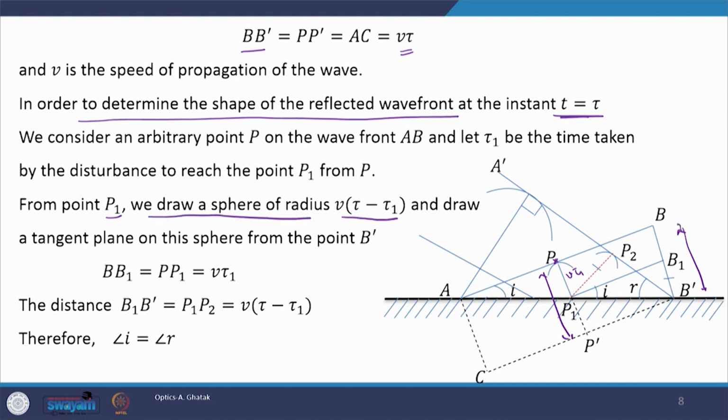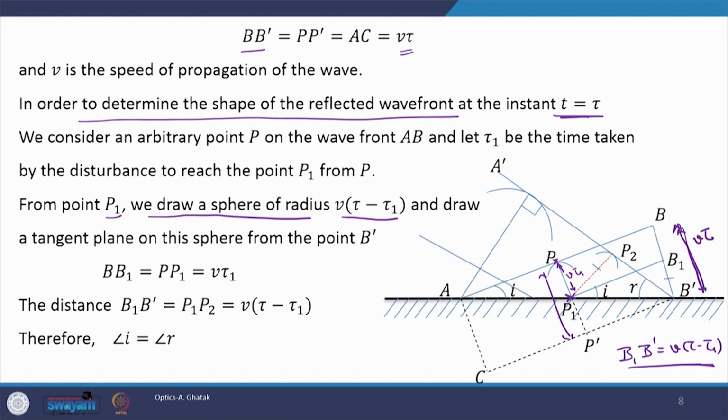This whole distance BB prime is V into tau, and this shorter distance is V into tau 1. Now, we take the difference between these two distances, which is nothing but B1 B prime. B1 B prime is equal to V tau minus tau 1, and we will draw a sphere of radius V tau minus tau 1, considering P1 as the center of the sphere.